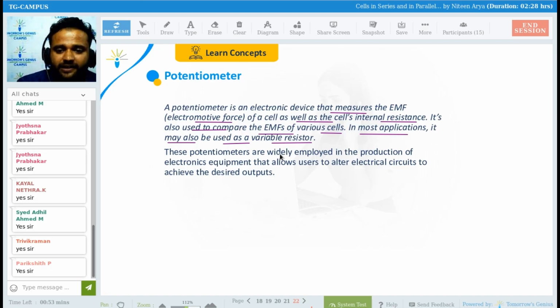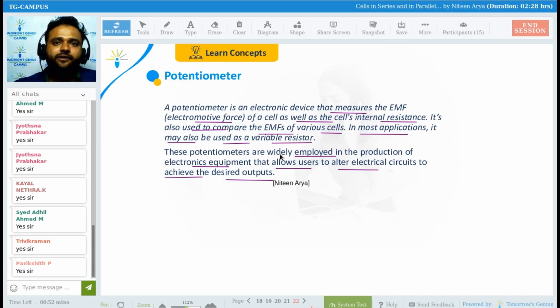These potentiometers are widely employed in the production of electronics equipment that allows users to enter electrical circuits to achieve the desired output. For example, if I need to make a device or instrument which is going to convert electrical energy into thermal energy or heat energy, there I can use a transducer or a potentiometer.